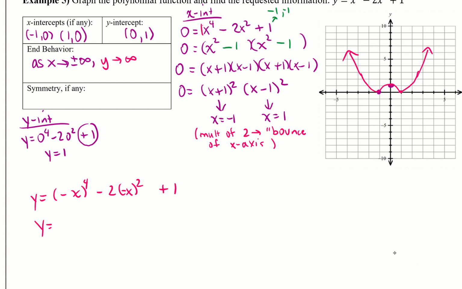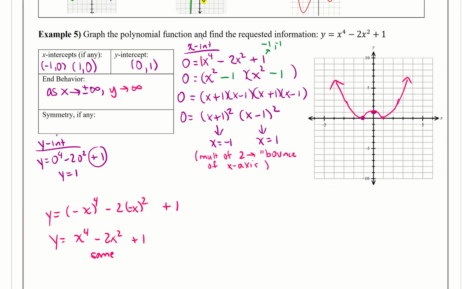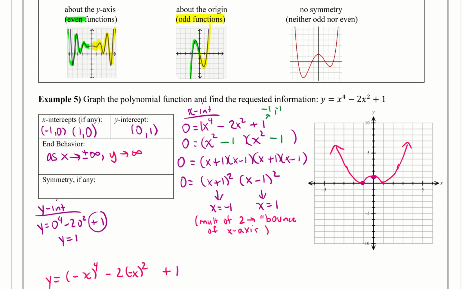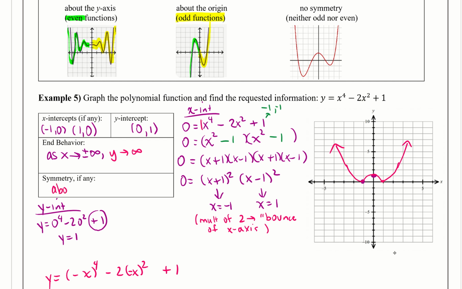That negative taken to an even power would go back to a positive. And so this is the same as the original function. This is an even function, which means this has symmetry about the y-axis. And you can see that from my sketch as well. My sketch is kind of sad, but I tried.